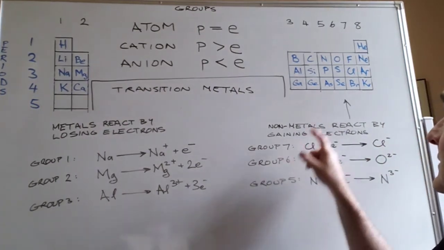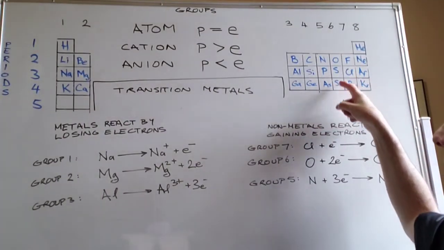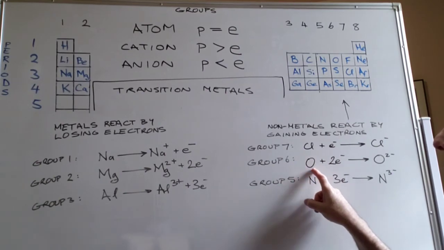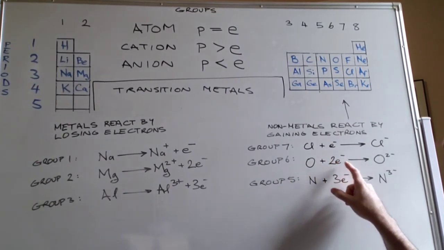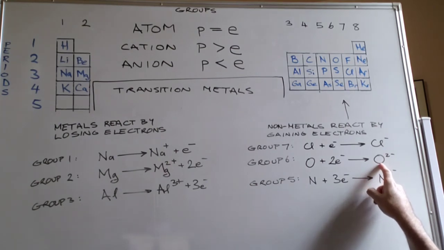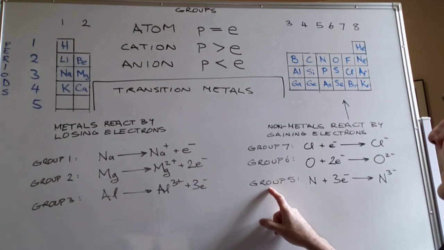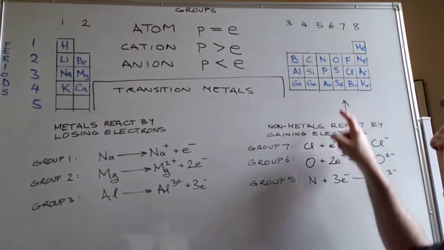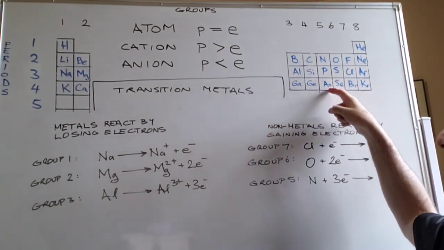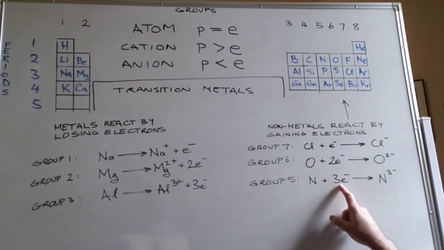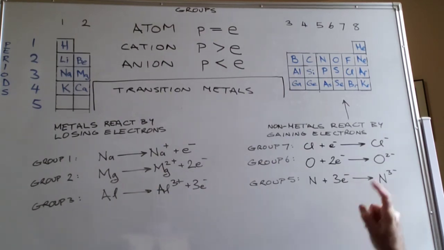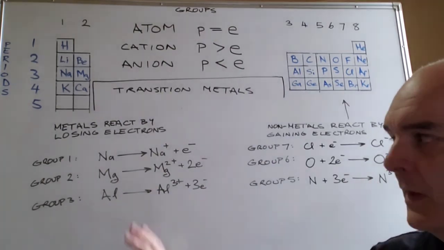Everything in group 6, like oxygen or sulfur or selenium, makes a reaction that gains 2 electrons and makes a 2- anion. If you're in group 5, like nitrogen or phosphorus or arsenic, group 5 atoms pick up 3 electrons and make a 3- anion.